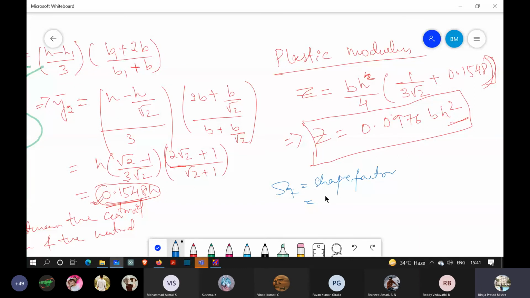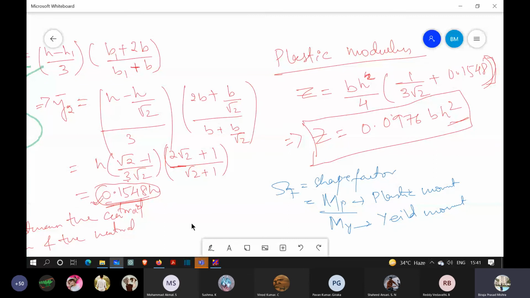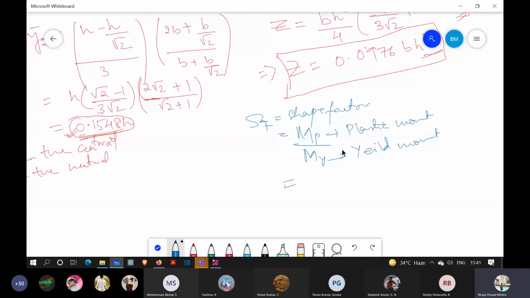MP is the plastic moment and My is the yield moment. MP equals to sigma Y into Z, divided by My, which is sigma Y into S. So that becomes Z by S.